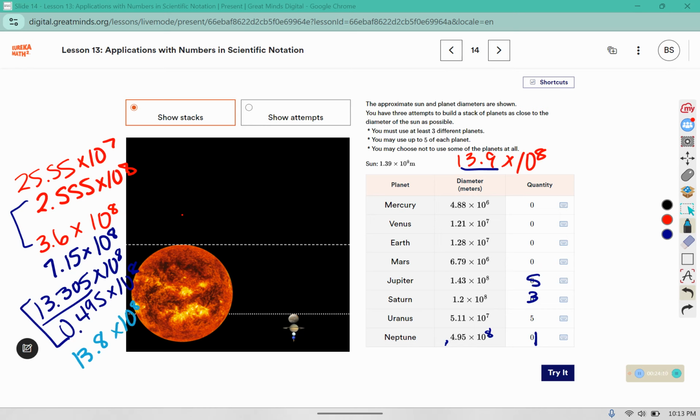That's pretty darn close. I could try and find another 0.1 to add in there. Let's try these combinations and see what we get. So 5 Jupiters, 3 Saturns, 5 Uranus, and 1 Neptune.